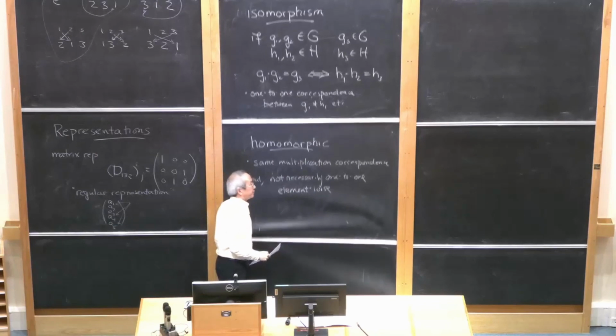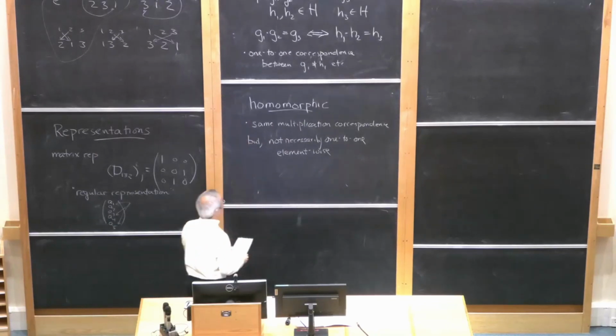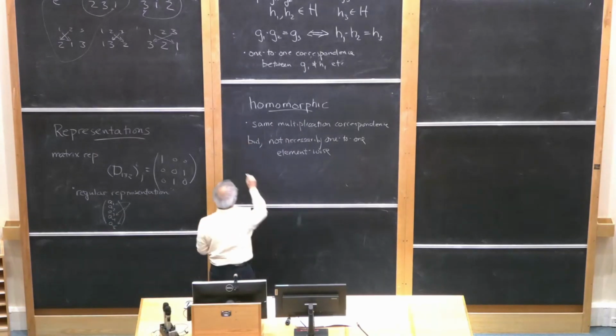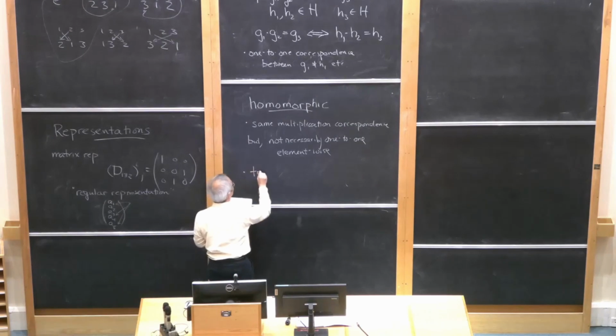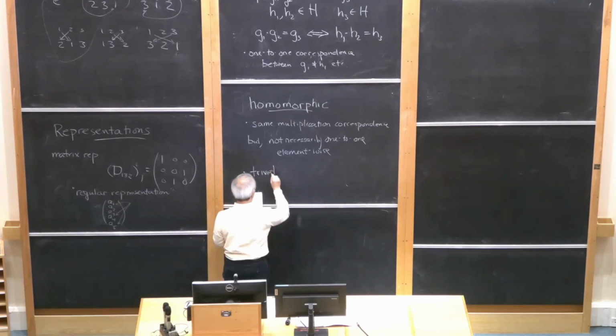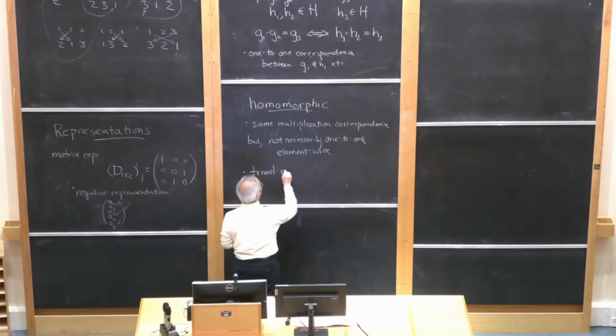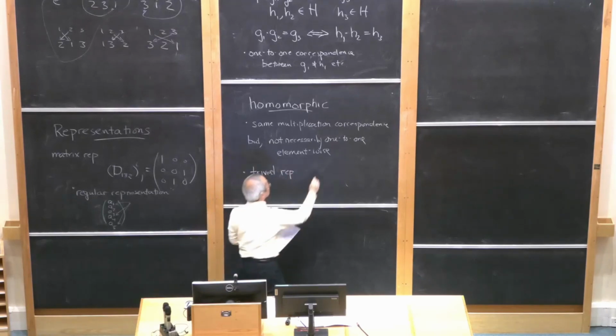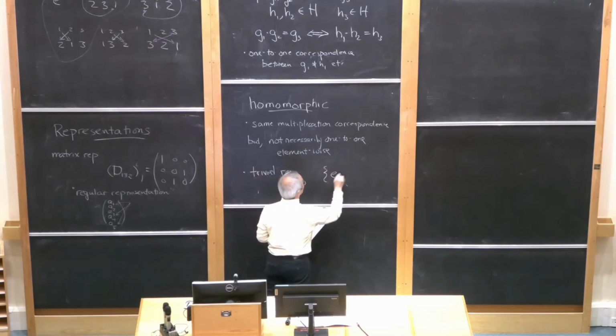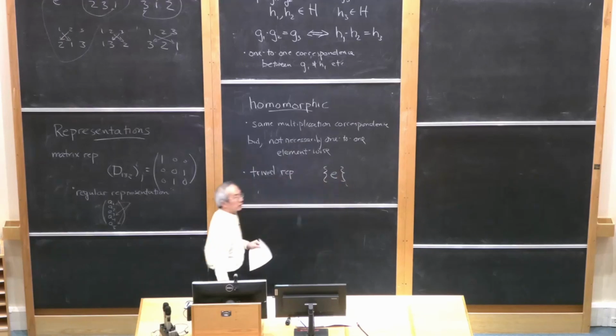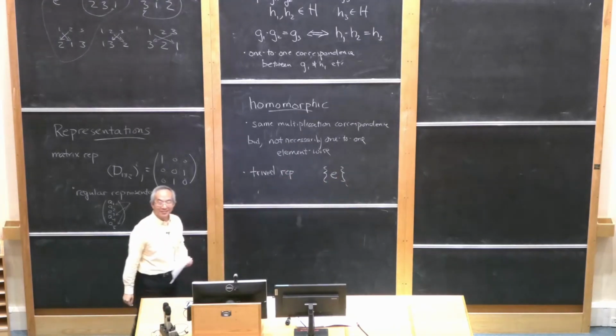So, just as a trivial example, a trivial representation of almost any group is in fact that group with only one element, okay?